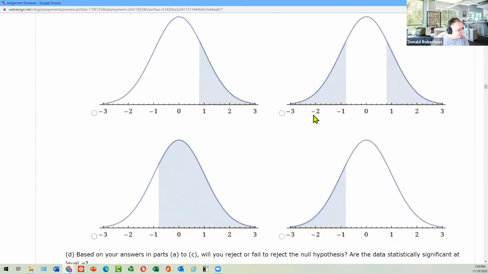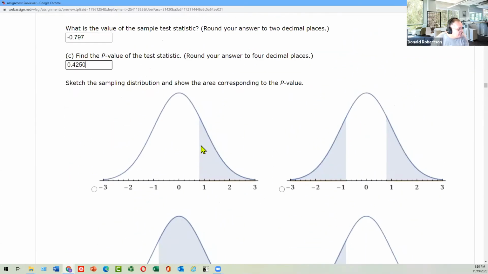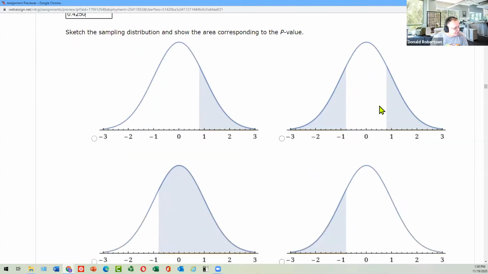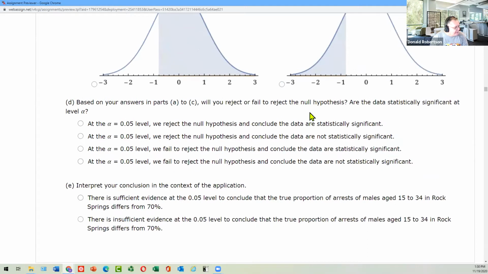Now, one of these 4 pictures represents what's going on. Isn't this a two-tailed test because it's a not equals to? And do you see that the only picture that has 2 sides to it is this one? 0.42 is too big.